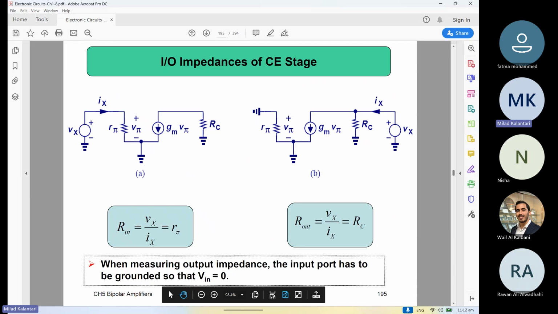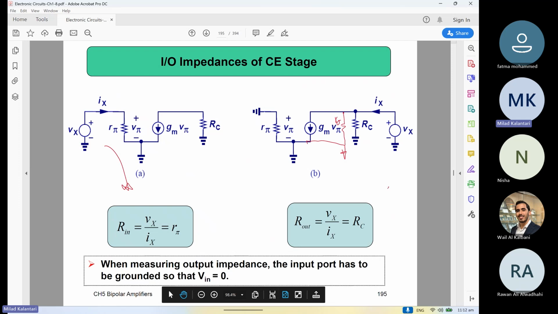And again, we already saw that the input impedance of this common emitter is just R pi. The output impedance: in the initial circuit, we also had the R out, if you remember. But now we put the RC in parallel with the R out.